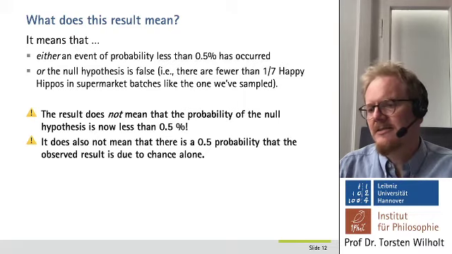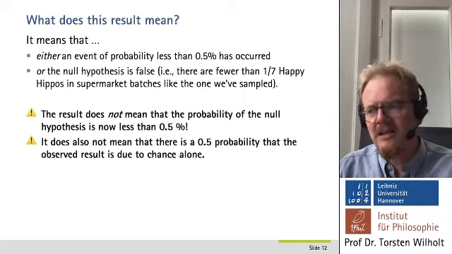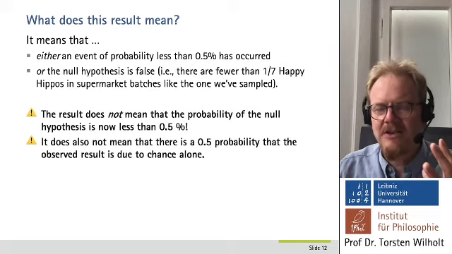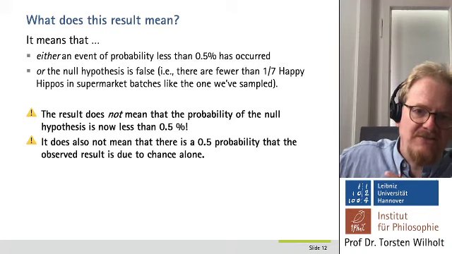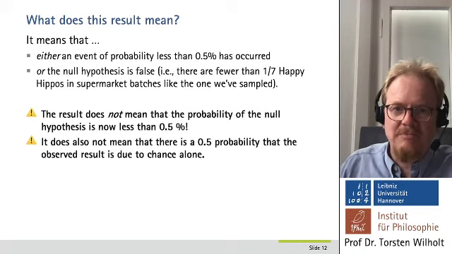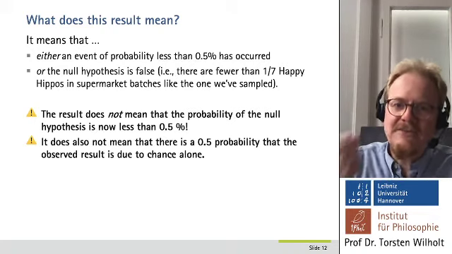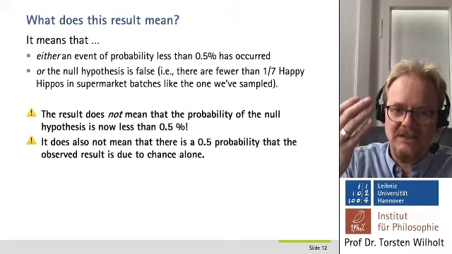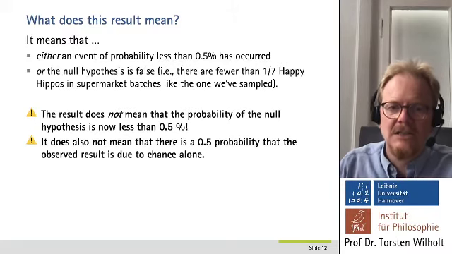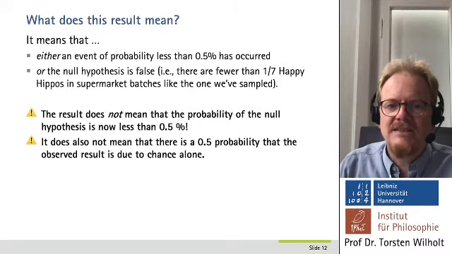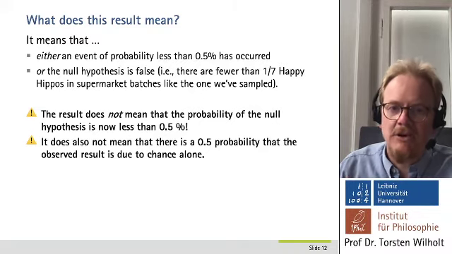Basically, because null hypothesis significance testing does not make any assumptions of what the alternative to the null hypothesis might be, the thrust even of a significant result of a very low significance level is just saying that there's something going on here.